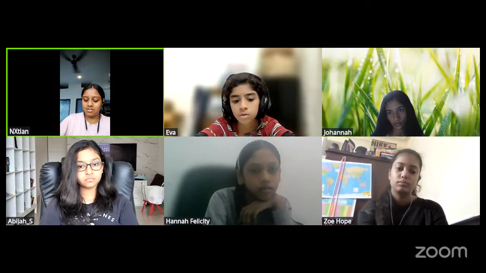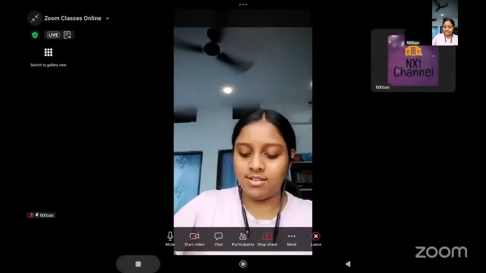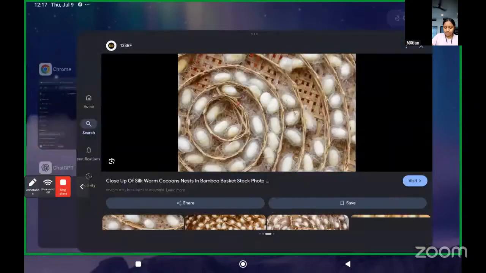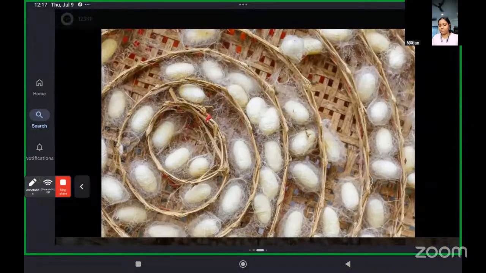When it is done at a large scale, they use a bamboo basket and it looks like this. They use a bamboo basket to place the caterpillars, and they spin around, and that is how it looks.